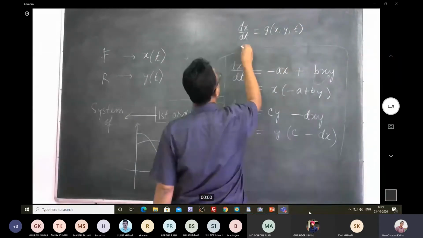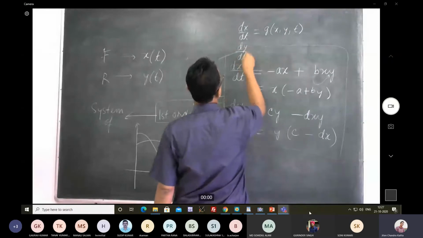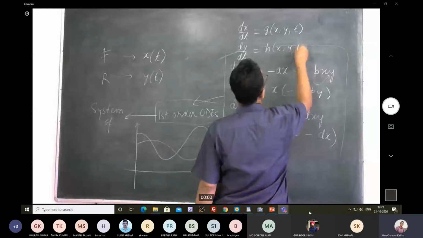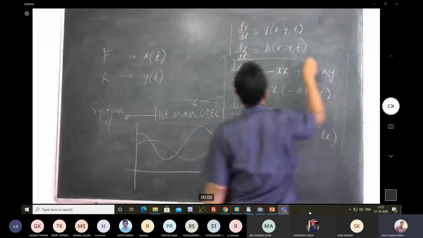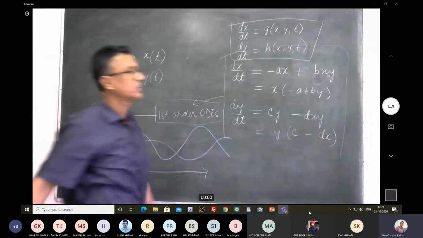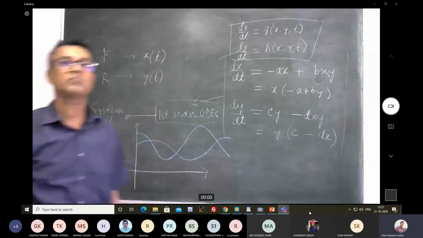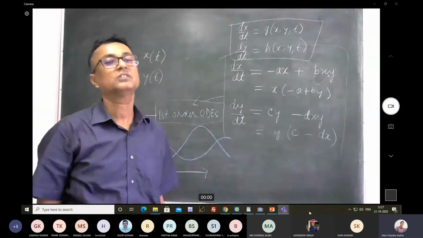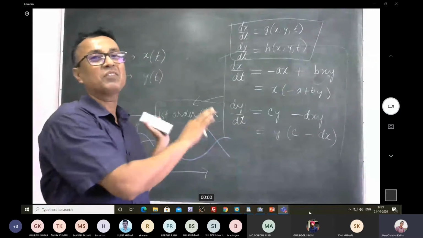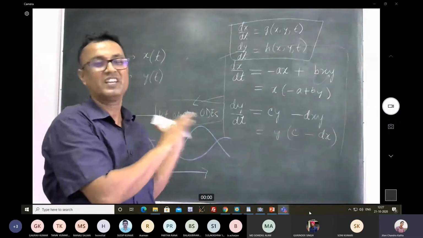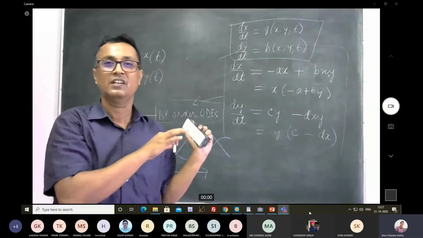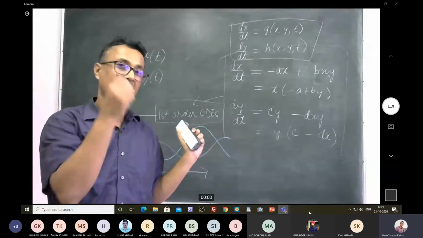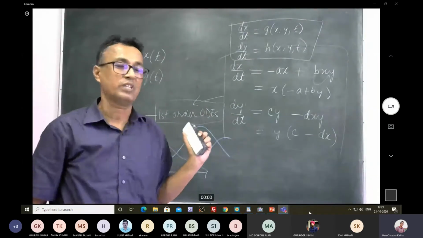Although here t is not explicitly present, I can still roll that in. So this is where the origin of a system of first order ODEs comes from. I have given you just one of the motivations. There are many cases which require the use of system of first order ODEs.